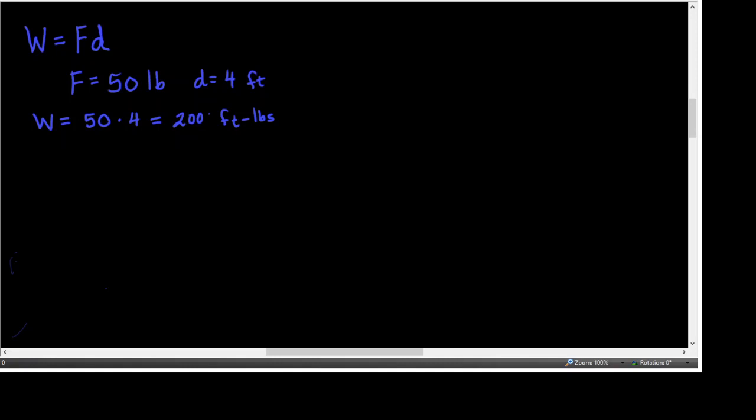So let's look at a very small partition that divides the distance you're going from x equals a to x equals b into small intervals. We can assume on that small interval that for that amount of distance that we're moving, the force won't change by much.